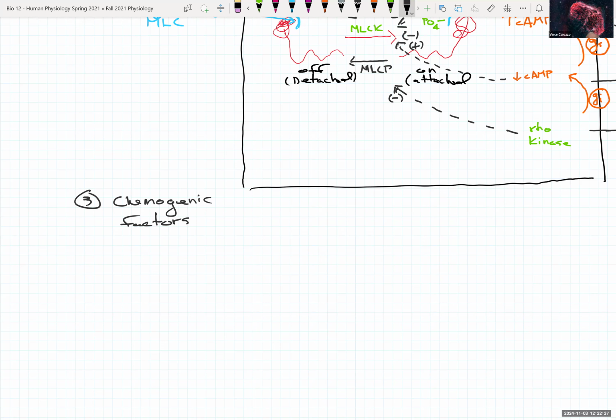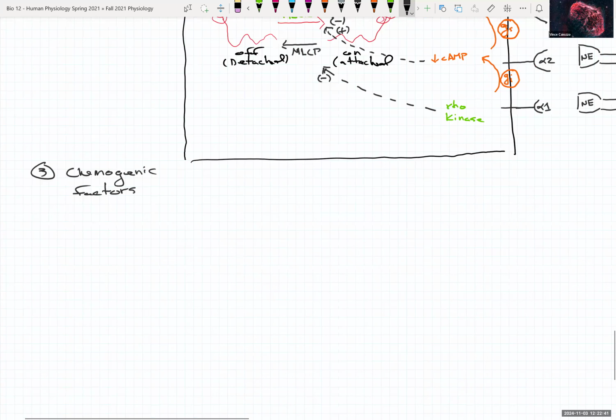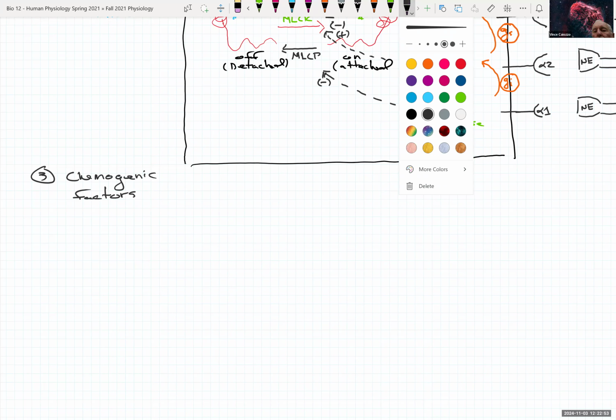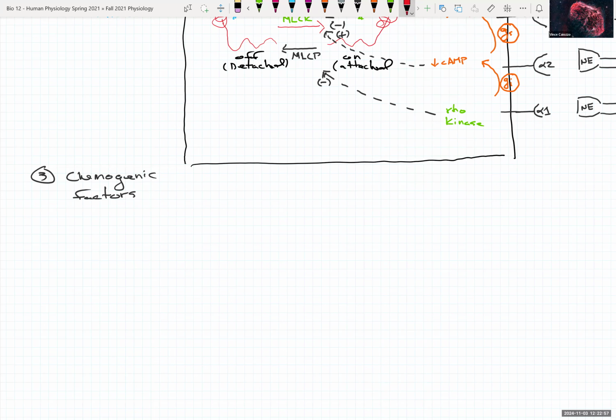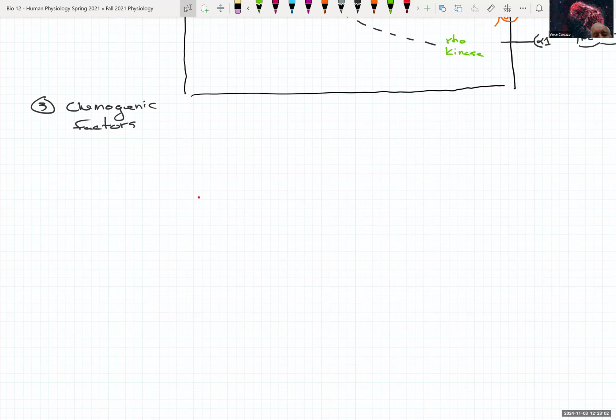And this one's quite important. Down beneath here, we're going to show the presence of a blood vessel. So here's the lumen of a blood vessel.